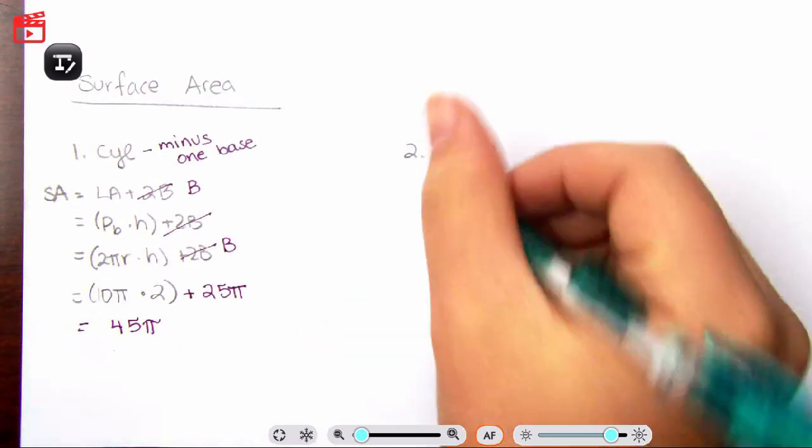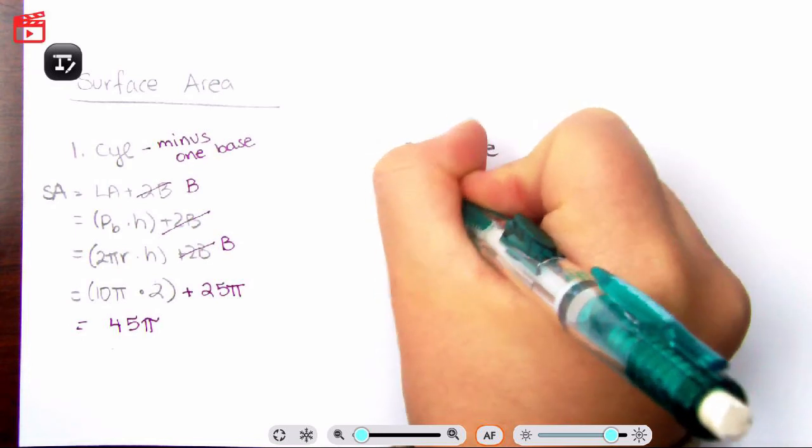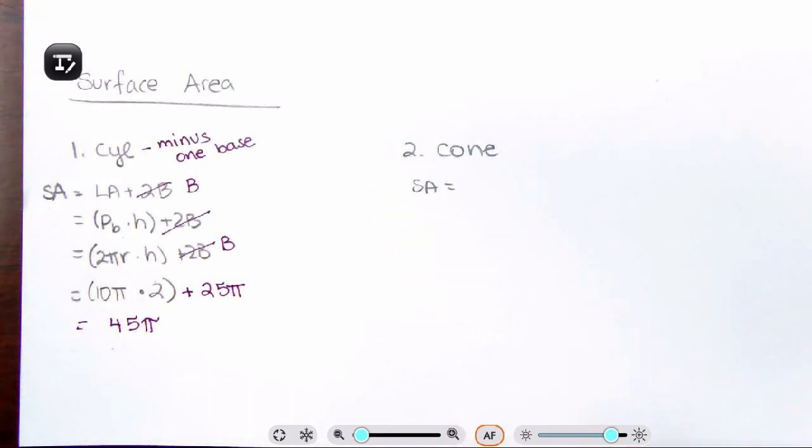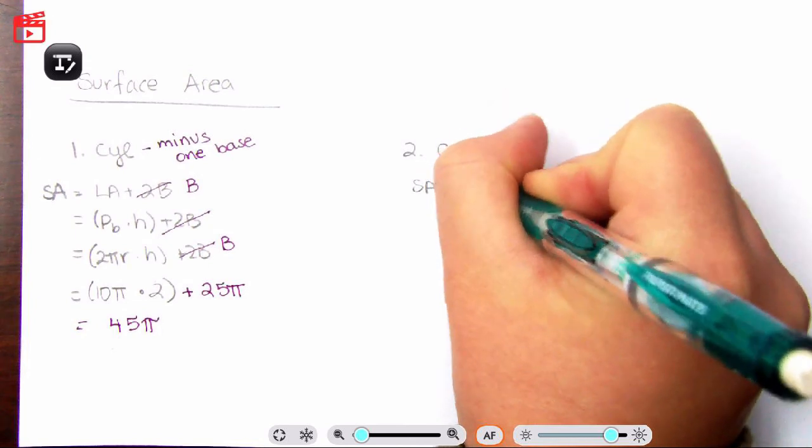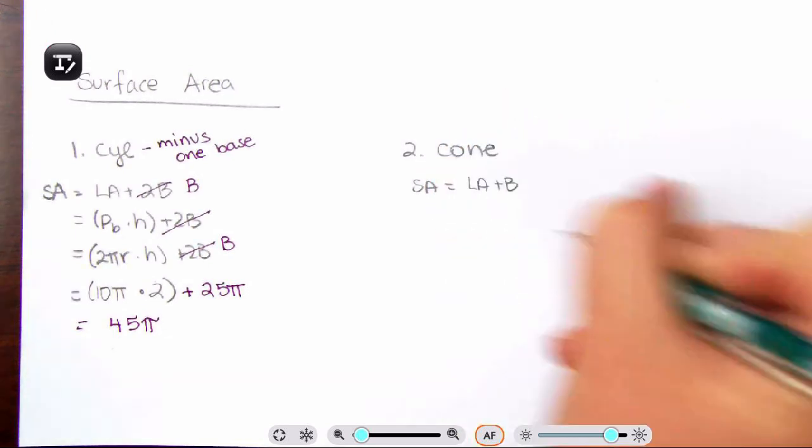Now we do exactly the same thing for the cone. Again, remember, a cone has the same surface area formula as a pyramid. So surface area of a cone is your lateral area plus the area of the base.